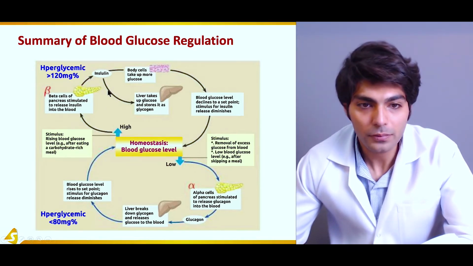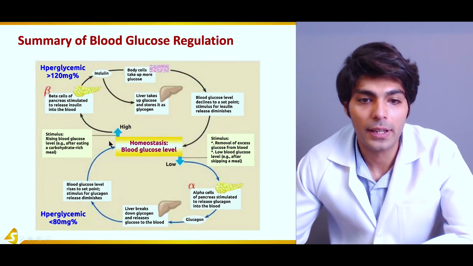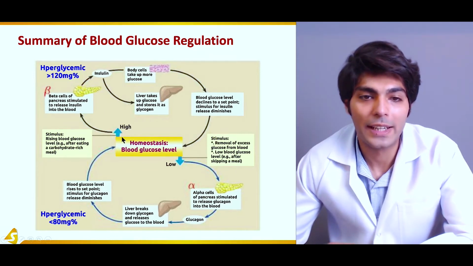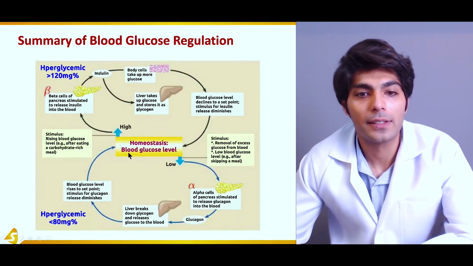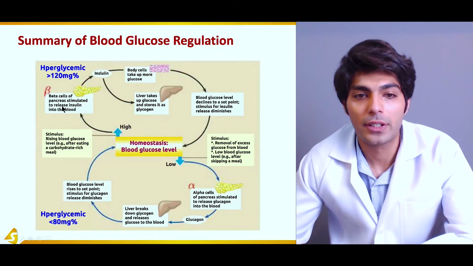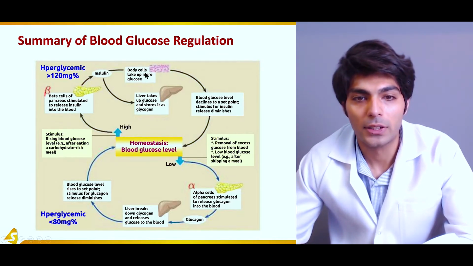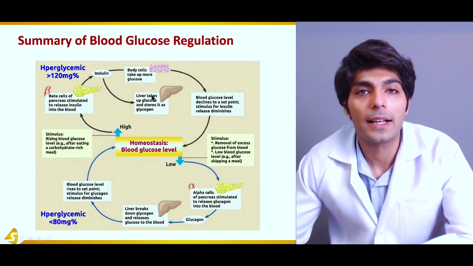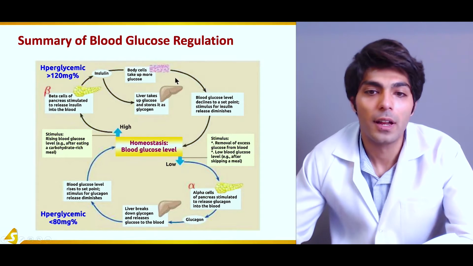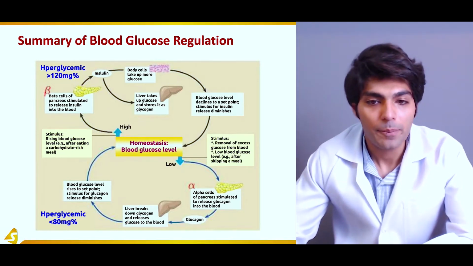When the homeostatic levels are imbalanced, the blood glucose level rises and insulin is secreted from the beta cells of the pancreas. The body cells take up more of the glucose and the liver takes up the glucose and stores it as glycogen, and the blood glucose level declines to the set point, to the balancing state.